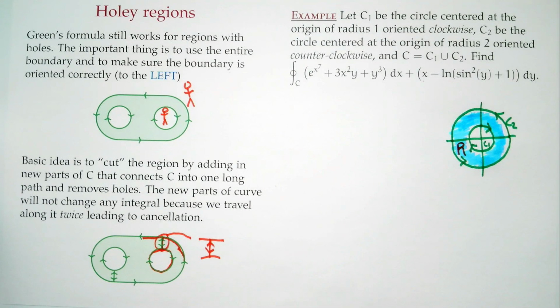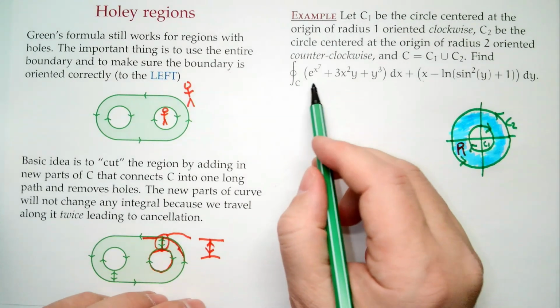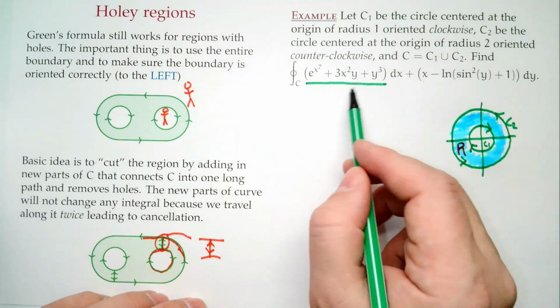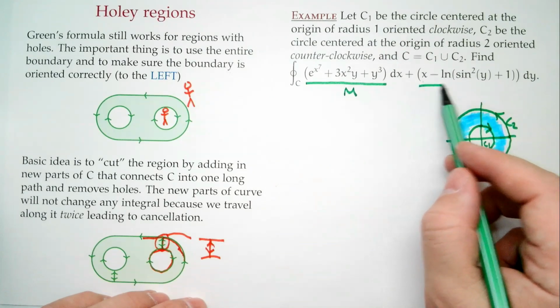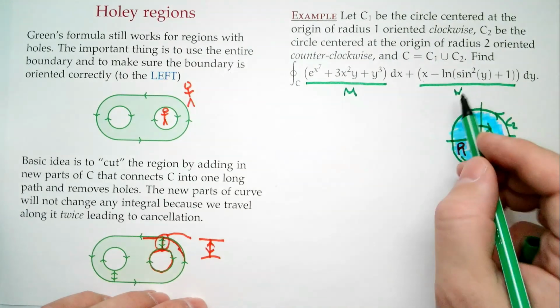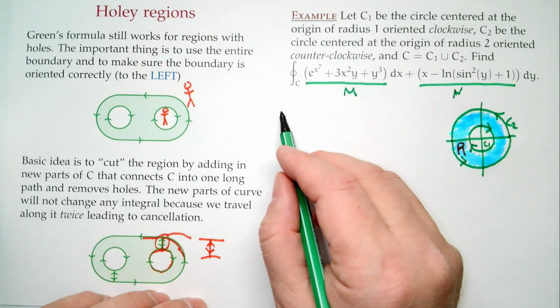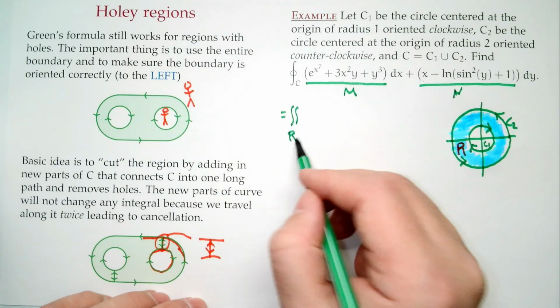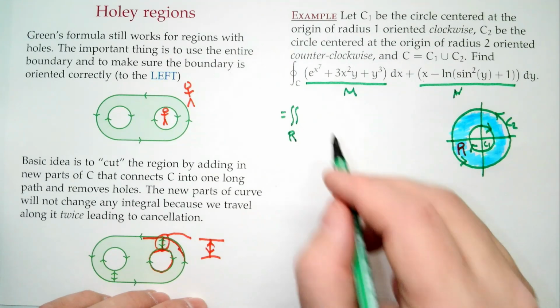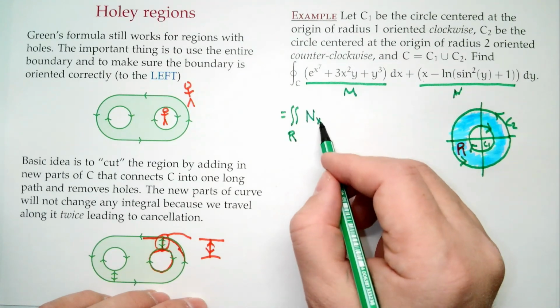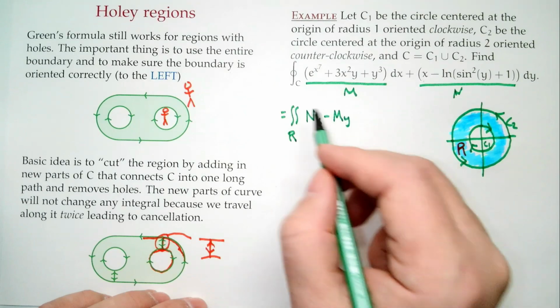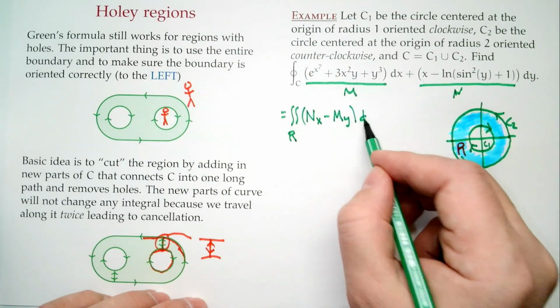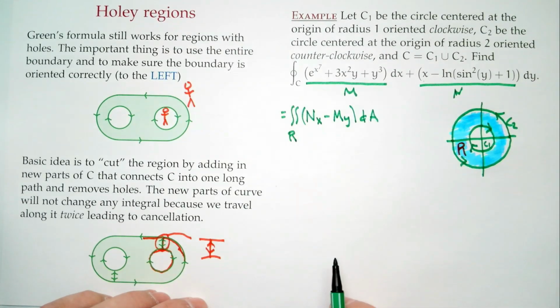What's in front of our dx? Here's our M. In front of our dy, here's our N. So according to Green's theorem, this will be the integral over that region of N sub x minus M sub y, dA.